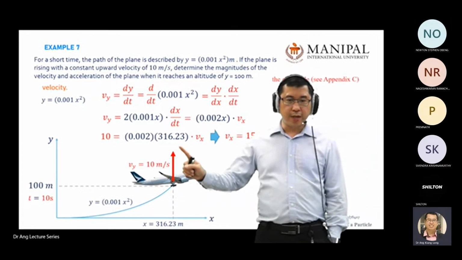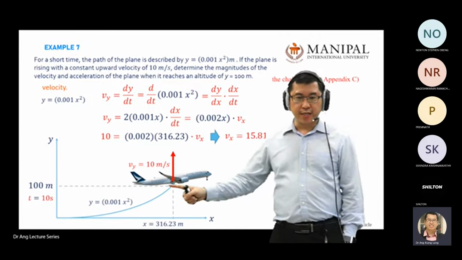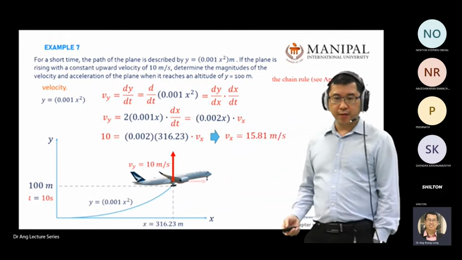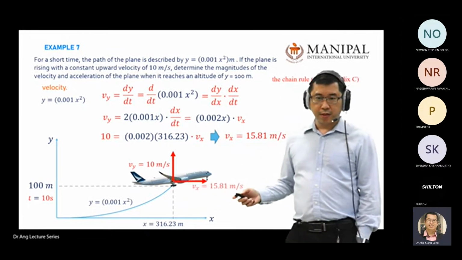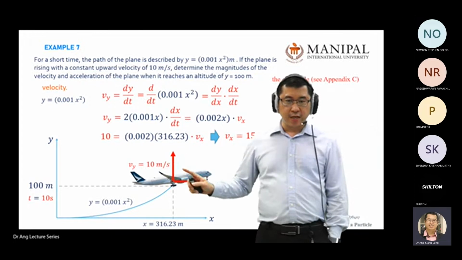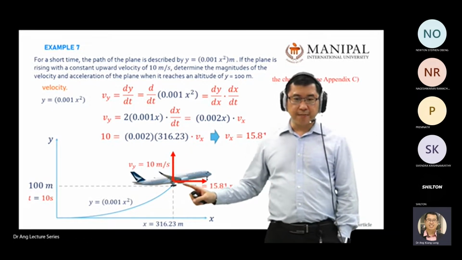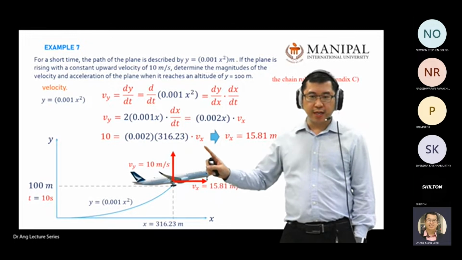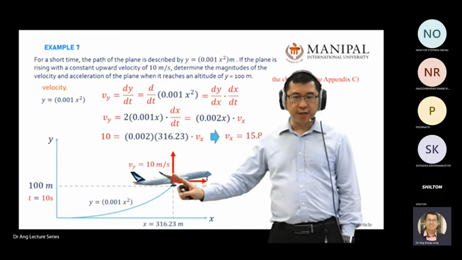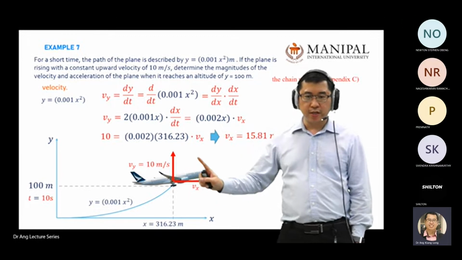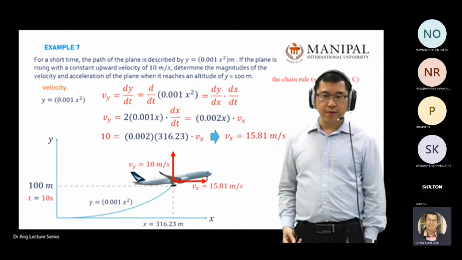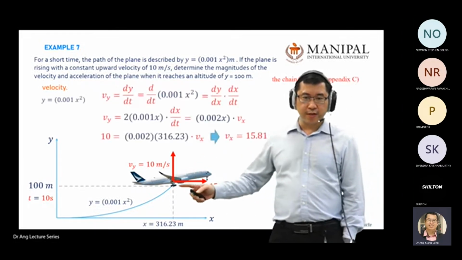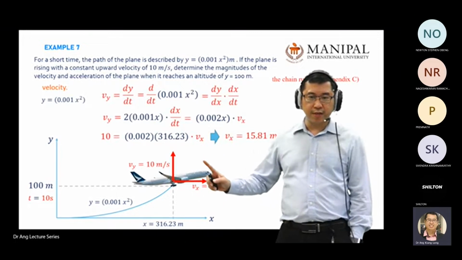So you have your Vy, you have your Vx, you can plot over here. If you want to do the vector diagram, you draw Vx, continue with Vy. How do you plot the resultant? You start from the origin to the end of the arrow, that is your V, the resultant V direction.